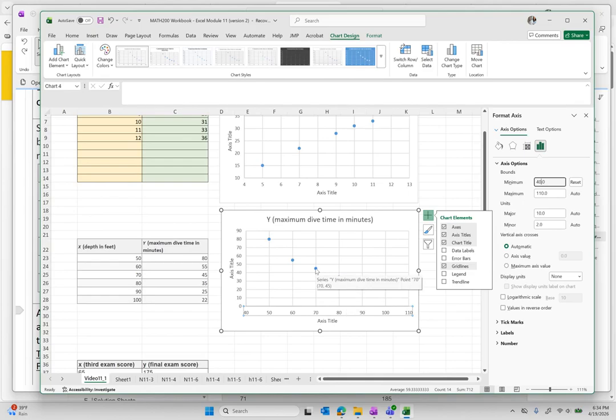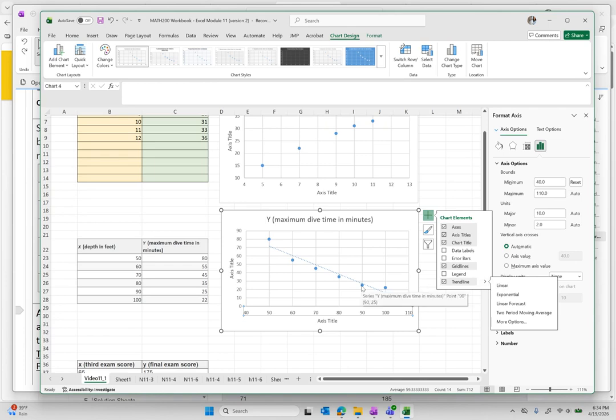To get the line of best fit, you can either add the trend line from the plus here. The problem with that is that we want to have some more information from the trend line. We would like that line to always be linear, but we would also like to see the equation and some more mathematical data.